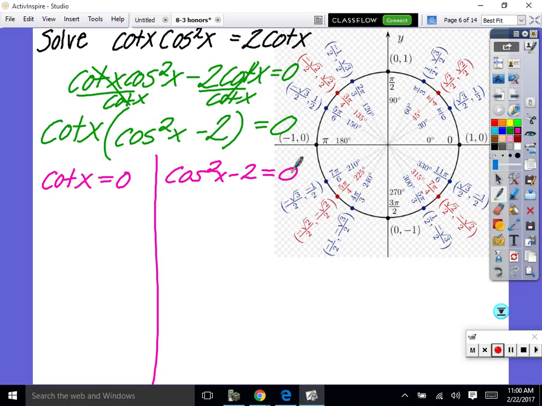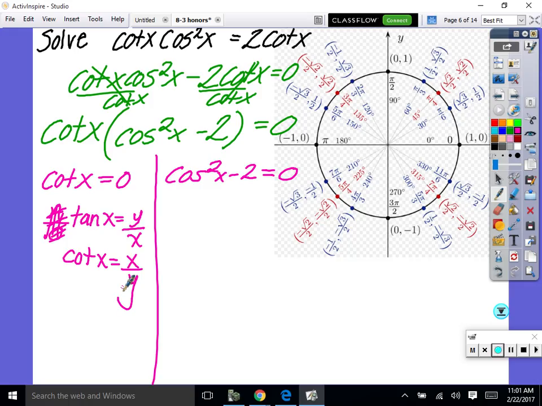Tangent is opposite over adjacent, correct? So we're looking for adjacent over opposite, or really we look at it on the unit circle. So instead of thinking of it as a right triangle, tangent of x is sine over cosine, y over x, correct? So isn't cotangent going to be x divided by y?